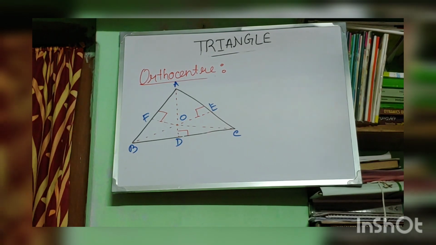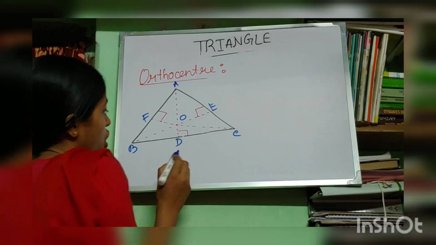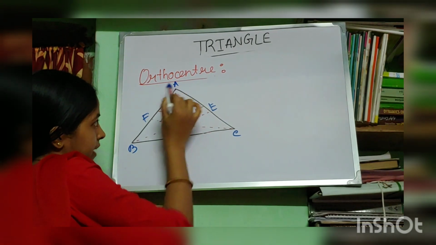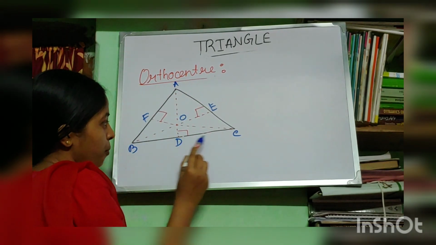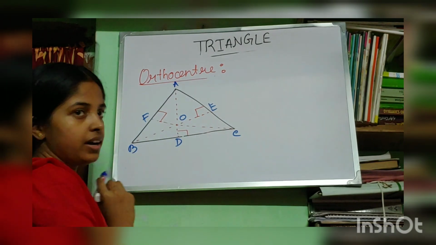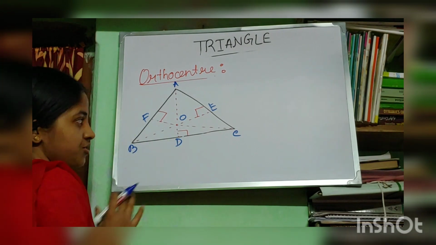A perpendicular from a vertex of a triangle to the opposite side is called an altitude of the triangle. Let me explain it first. From a vertex to the opposite side, when we draw a perpendicular, that is called an altitude of that triangle.